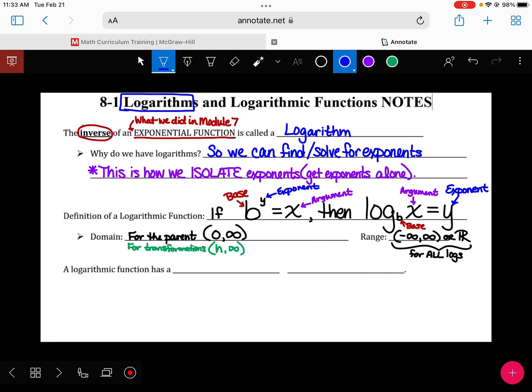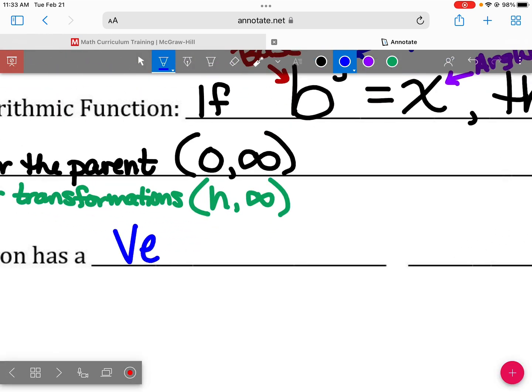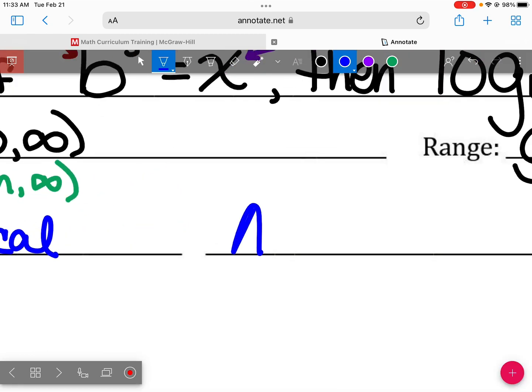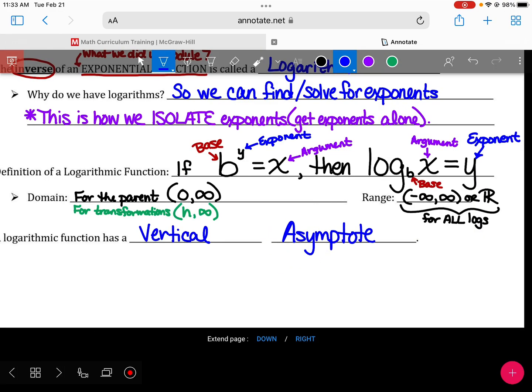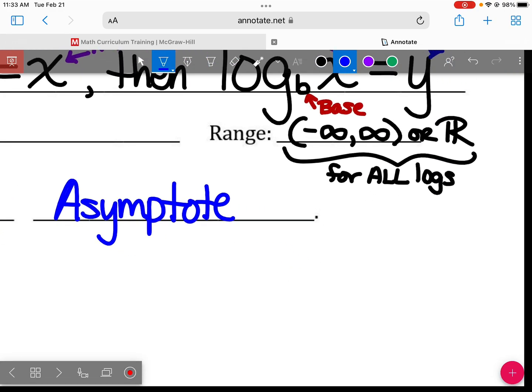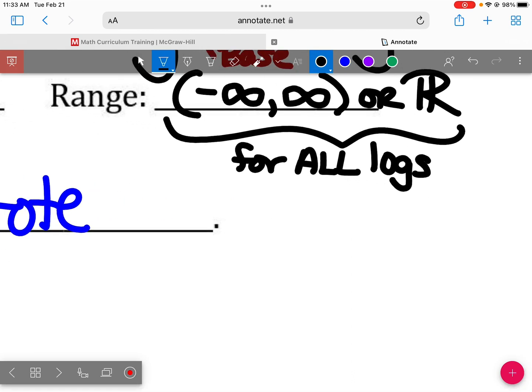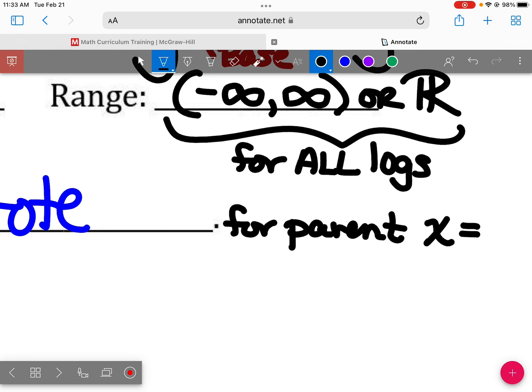This is going to be vertical. For the parent, that vertical asymptote will be x equals 0. Not a y equals, because now it's switched. We switch the x's and the y's.